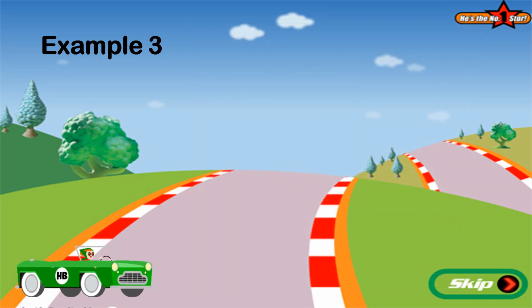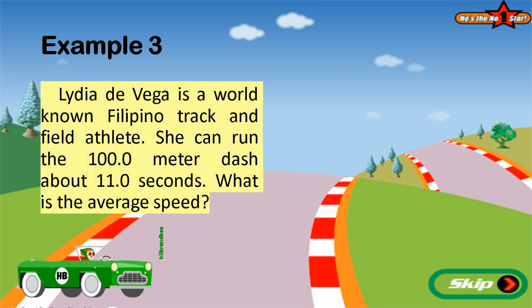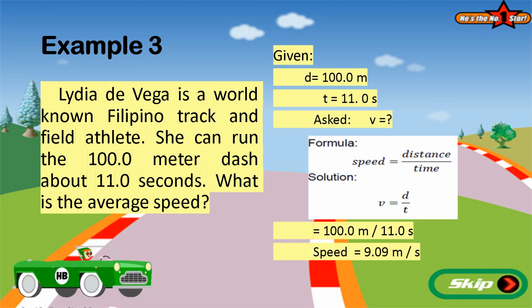For you to understand further, let's try to look at this third example. Lydia De Vega is a world-known Filipino track and field athlete. She can run the 100-meter dash in about 11 seconds. What is the average speed? In order to solve the problem, you have to identify what are the given.